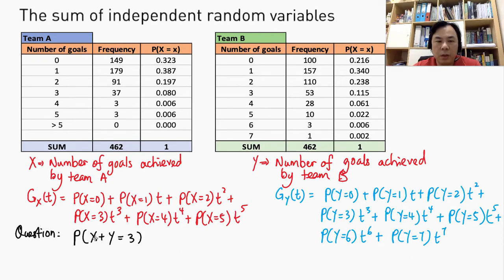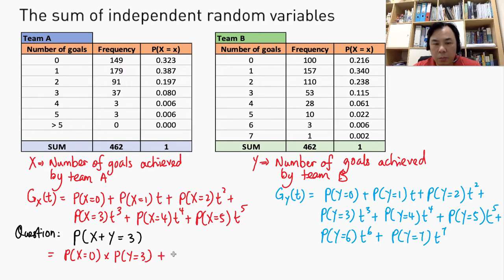So the probability of the sum of X and Y equal to 3 basically means it could be P(X=0), team A is not scoring any goal, and at the same time team Y has already scored 3 goals, so their total number of goals is equal to 3.